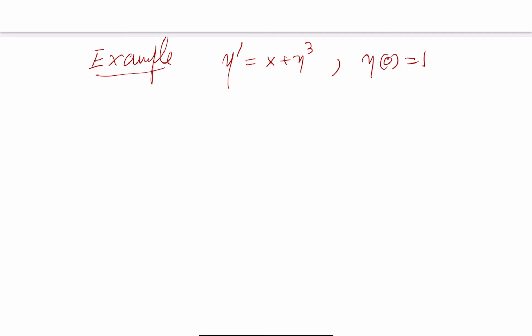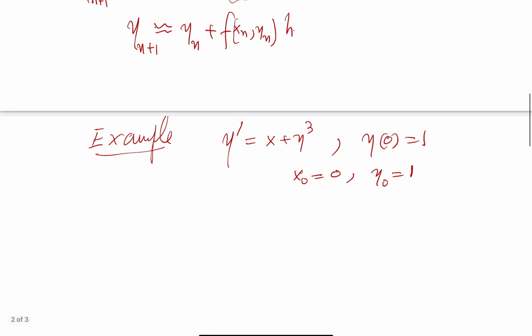So here you can tell we have x naught is equal to 0, and y naught is equal to 1. You can tell from here because the 0 is the x naught and the 1 is the y naught. Okay, so now let's use that formula.